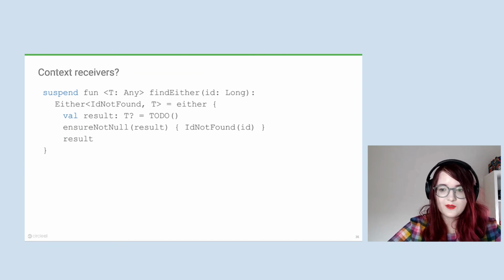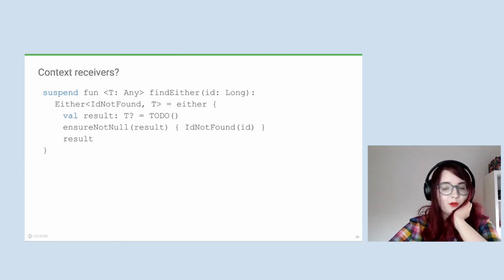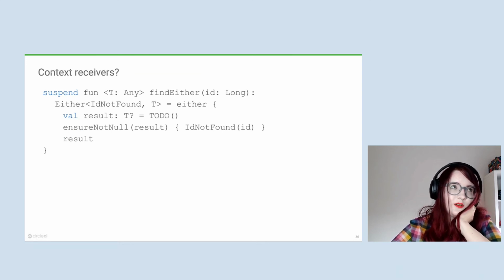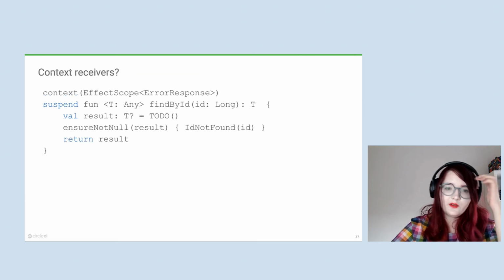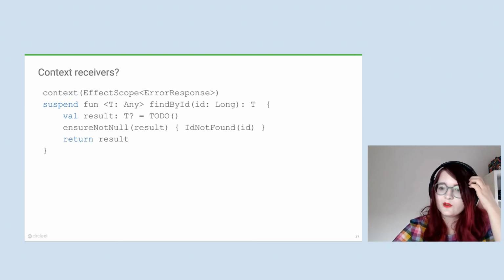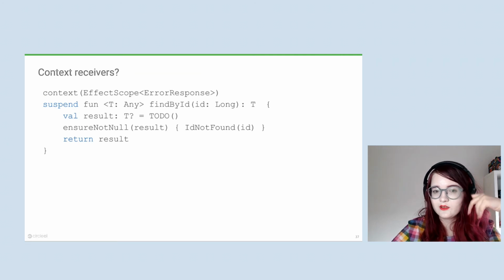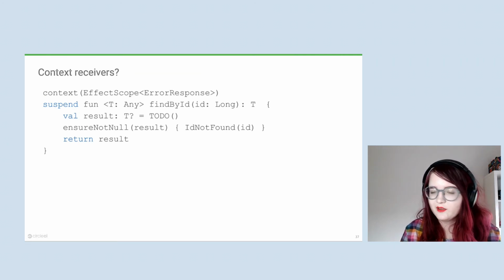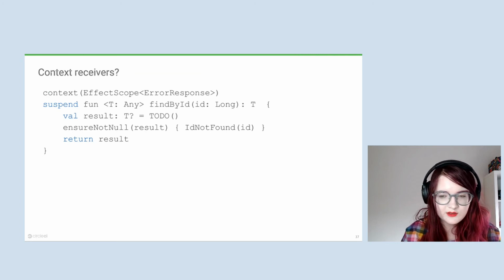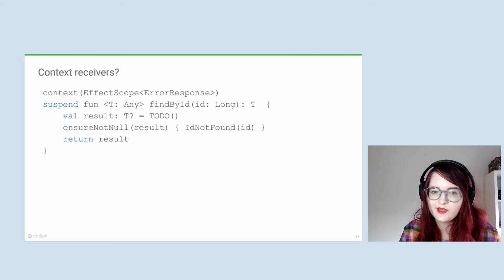itself. But if you're using modern Kotlin, I think Kotlin 1.7 works with that, you can actually use context receivers. And in that case, you don't need to bind anything to Either. It will be handled automatically.